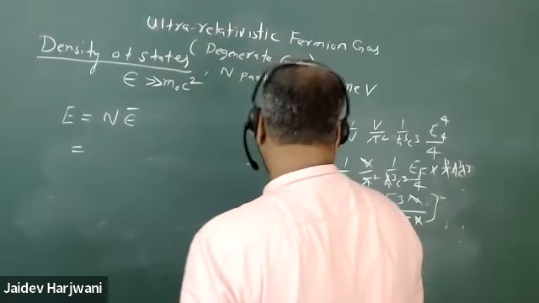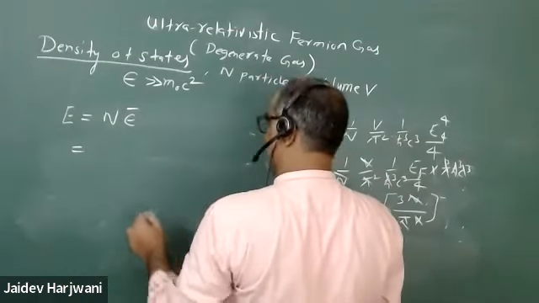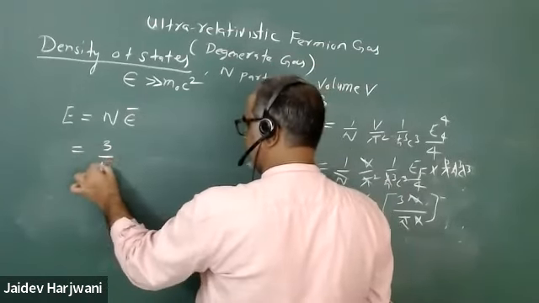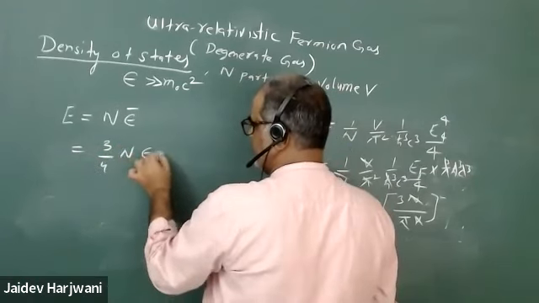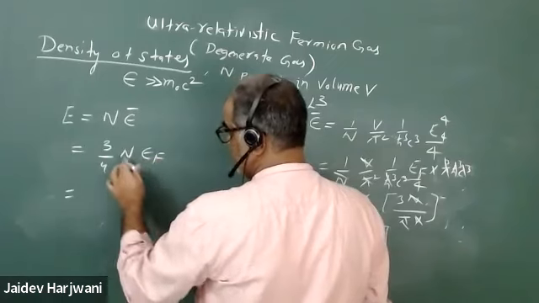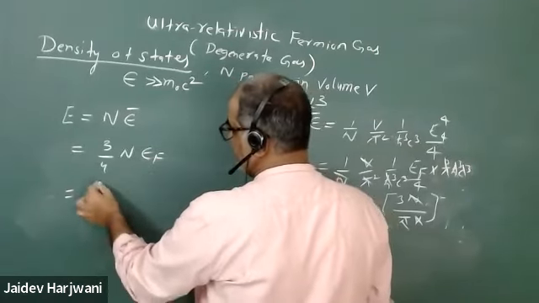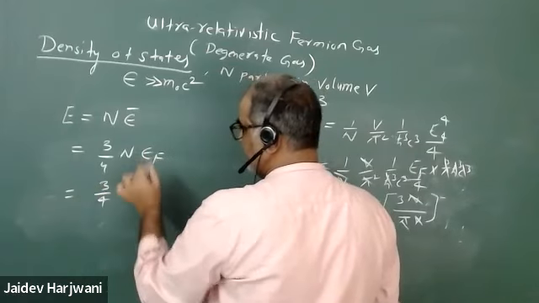Now you have the energy, 3/4 N EF. You can put the expression for EF or N, whatever you want. I want you to put the value of EF here.